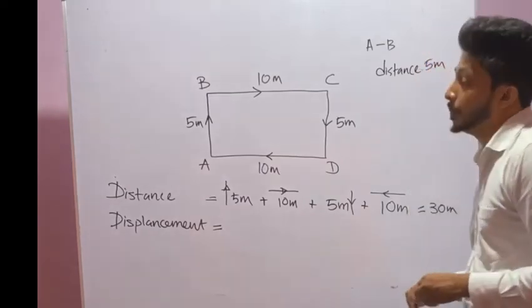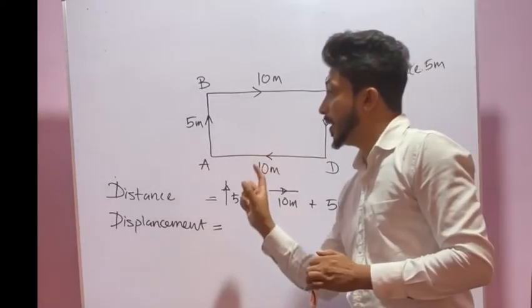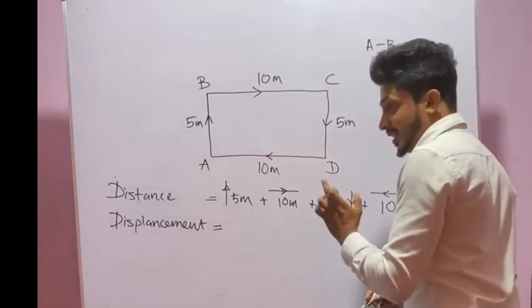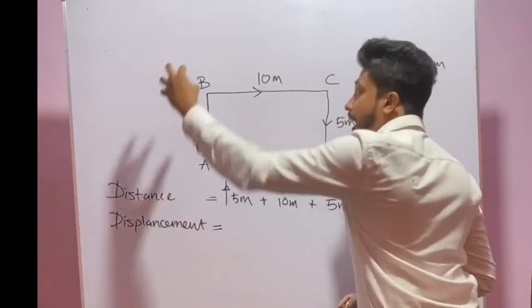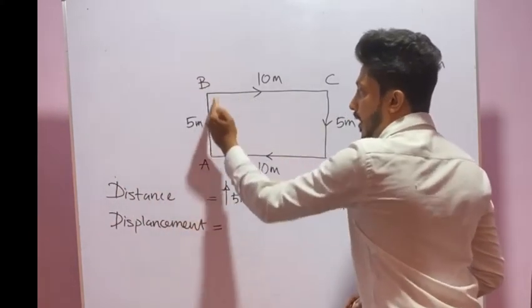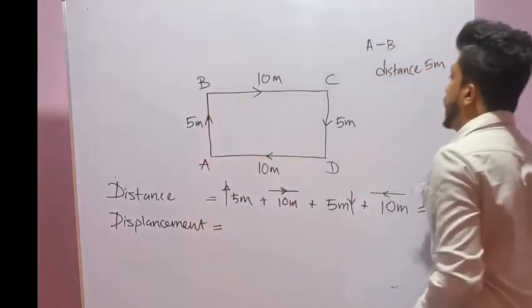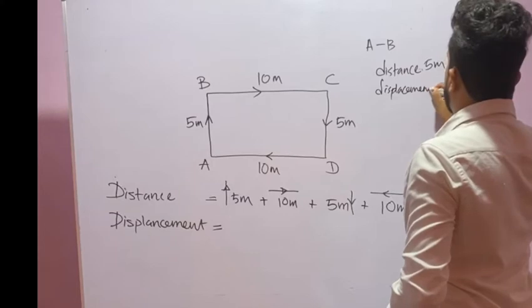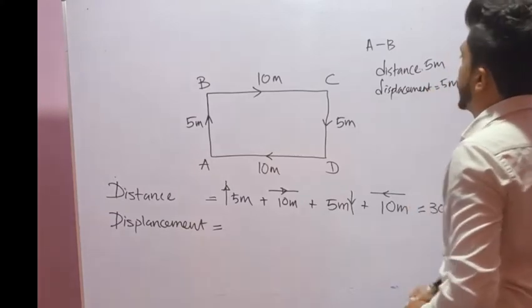So what is the displacement? Displacement is the straight line distance between the start and end position. Start is A, end is B. What is the straight line distance? It is also 5 meters. Displacement 5 meters.